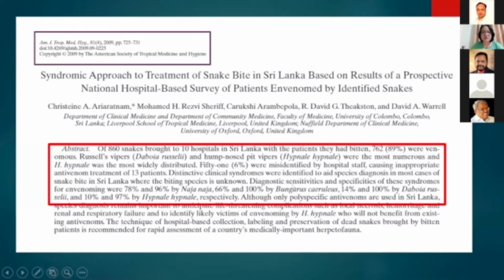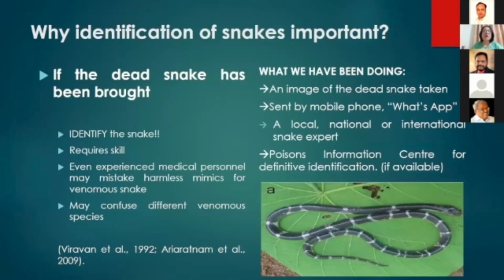In this study also, distinctive syndromes were identified to aid the species diagnosis, and the diagnostic sensitivity and specificity of these syndromes were around 78% and 96% for Naja, and 66% and 100% for krait Bungarus caeruleus. So this was quite good, the diagnosis by the clinical syndromes.